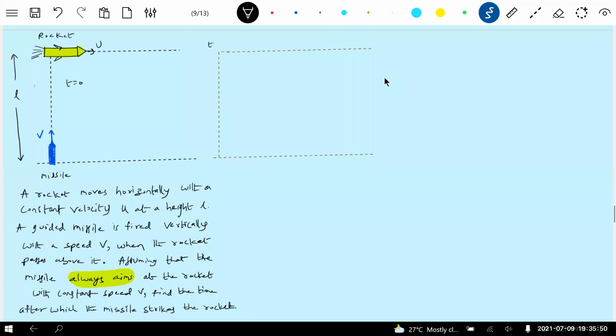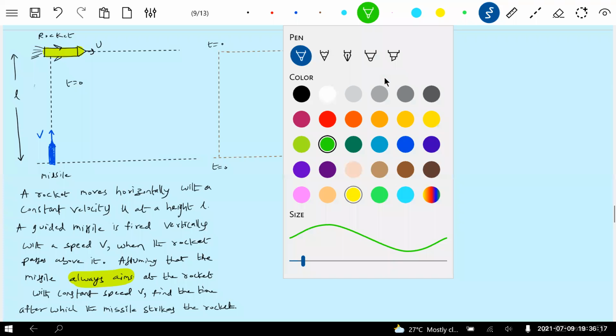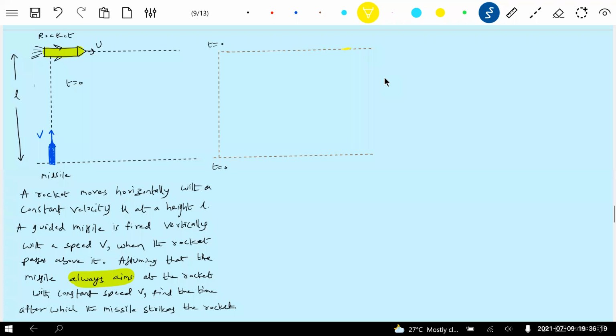After some time, we see that the rocket will be here, and it's a guided one. It will be here. This will be the position of the rocket.